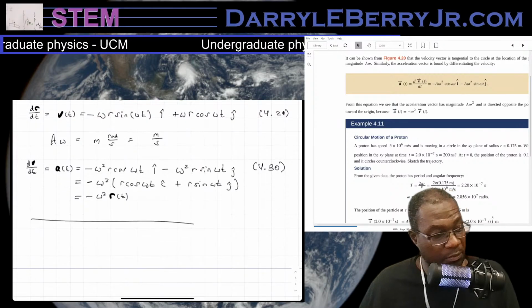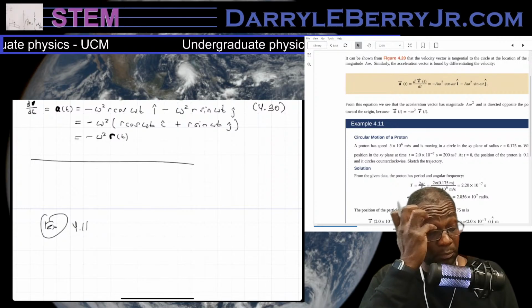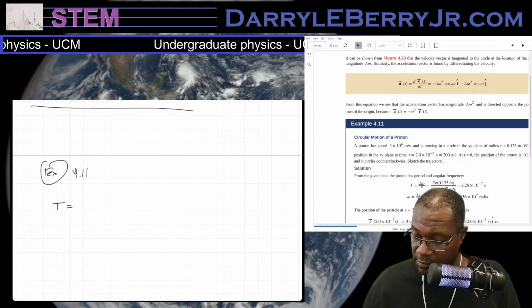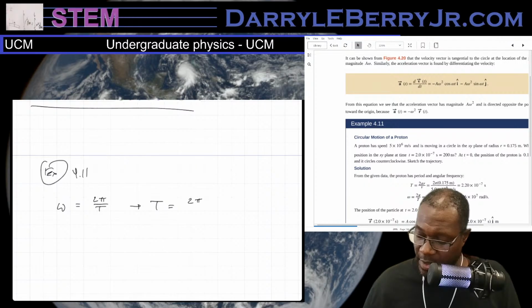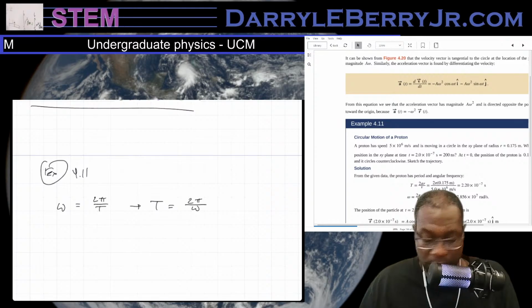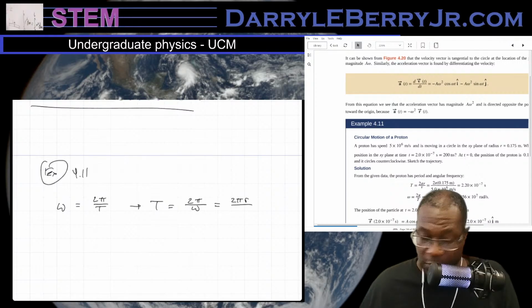So they're saying, example 4.11, the period equals 2 pi over omega. So T equals 2 pi over omega, which they also equal to 2 pi r over v.